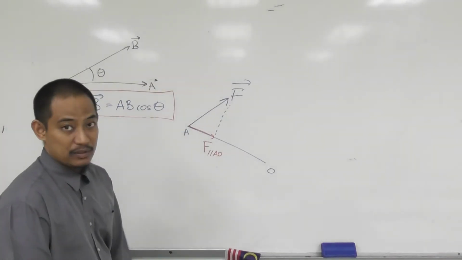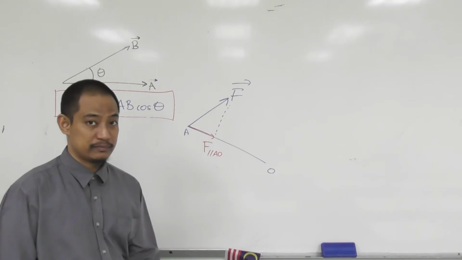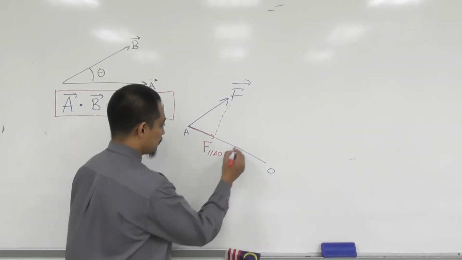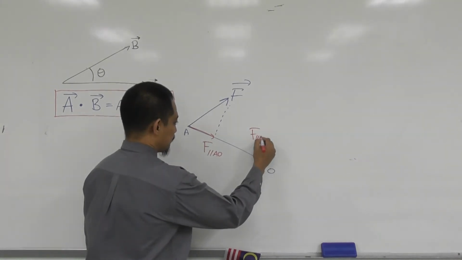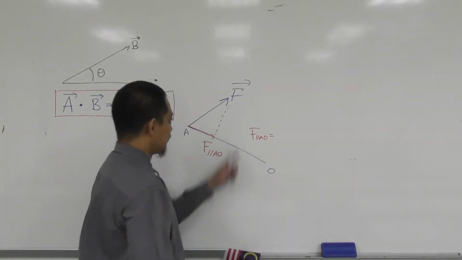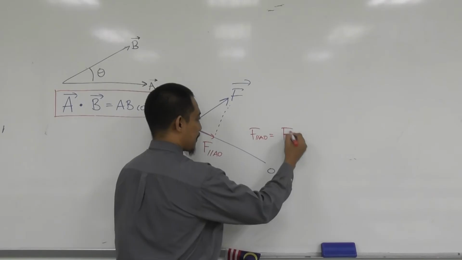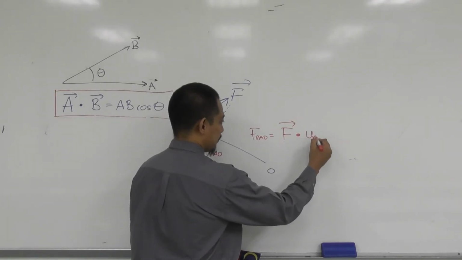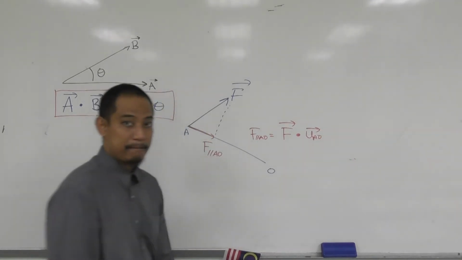So that's the thing. How to get this one? Recall back, if you just memorize the equation, what is it? So F parallel to AO is just this vector dot unit vector of AO. Right?